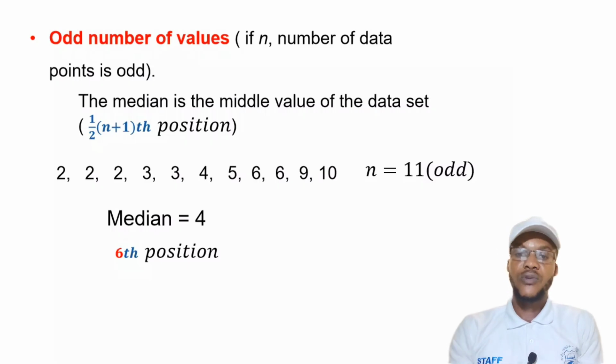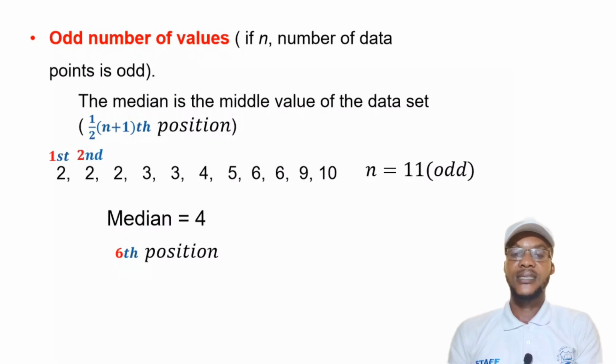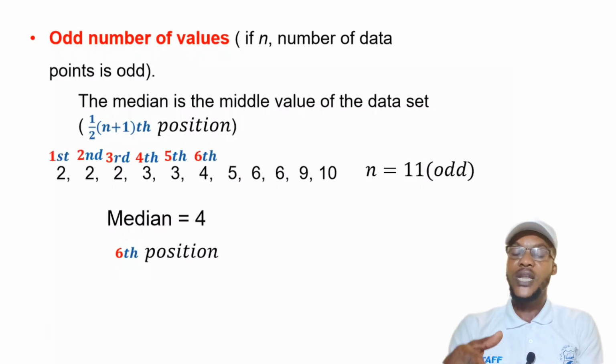Okay, so since we've already arranged, let's find the sixth position. The first one is the first position. The second is this. So we have second position, third position, fourth position, fifth position, sixth position. So you realize that the sixth position is on 4. The number that you trace and get at that particular position becomes your median.